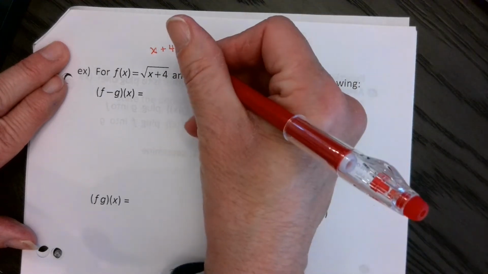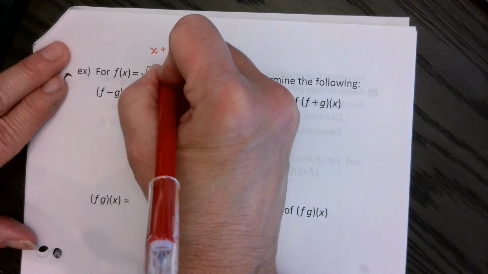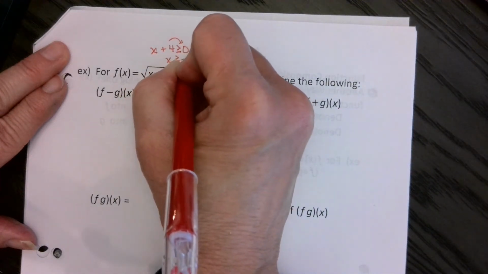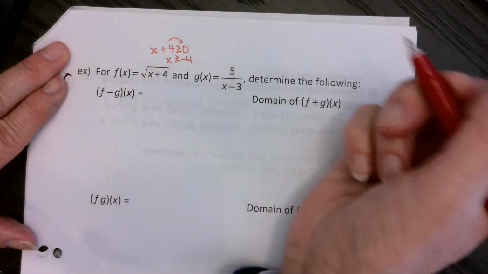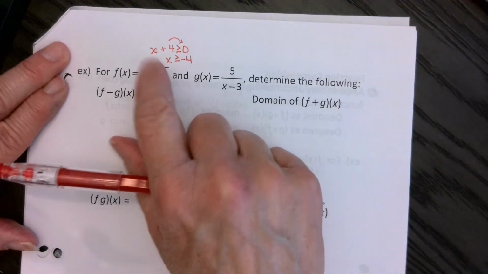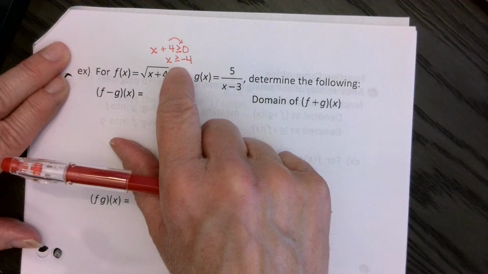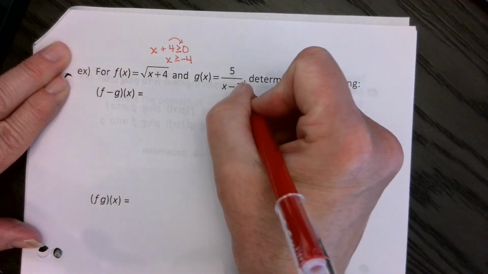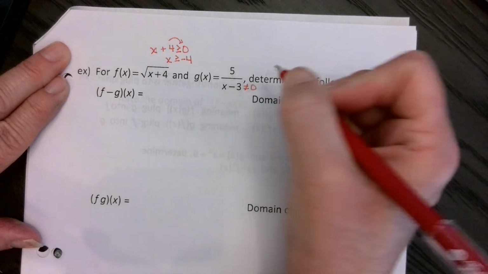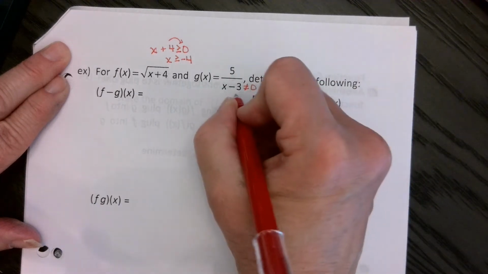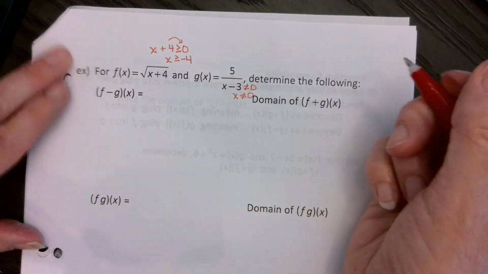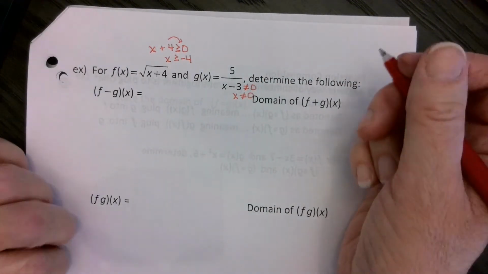So that's why it's greater than or equal to 0. I'm going to take the 4 to the other side because I'm going to subtract it. So on this one, my restriction is x has to be greater than or equal to negative 4. Here, this cannot equal 0. So if I take the 3 to the other side, x cannot equal 0. So it can be anything else but that.